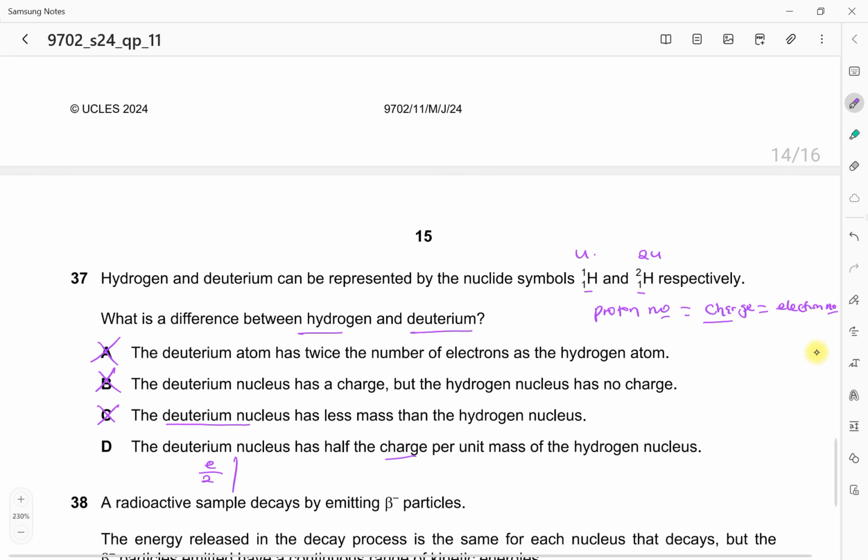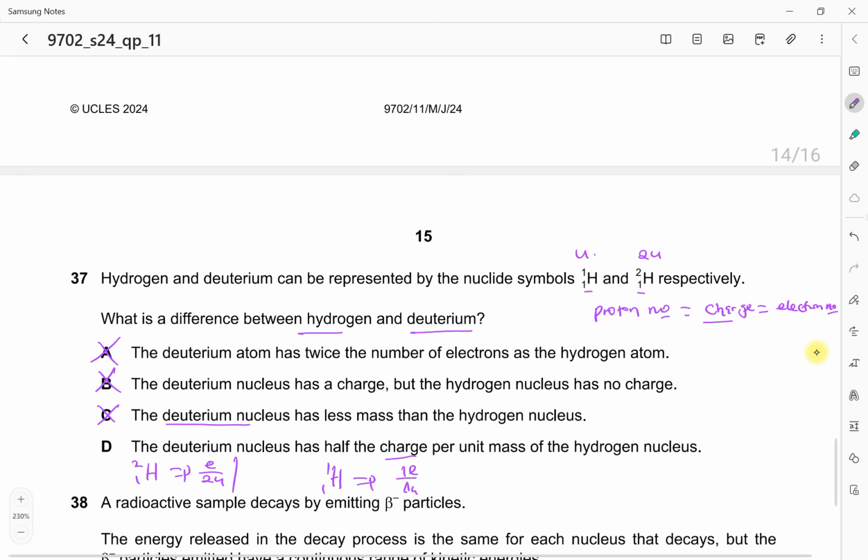Deuterium has the ratio of charge to mass as E over 2U. This is for deuterium, this is charge over mass. Then for H11, the charge is 1E divided by the mass, which is 1U.